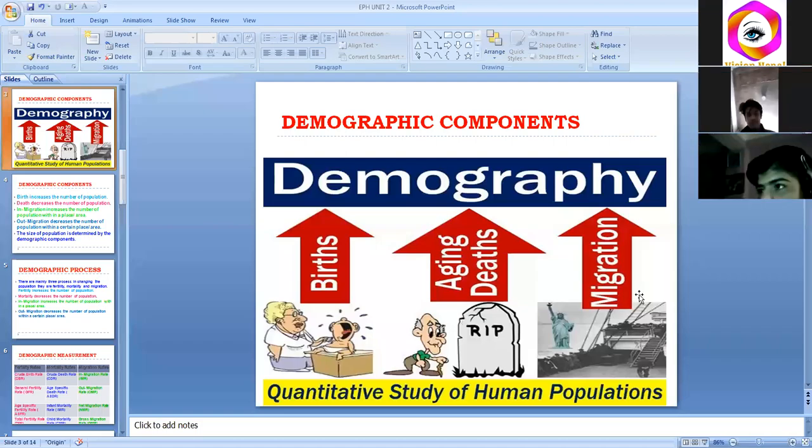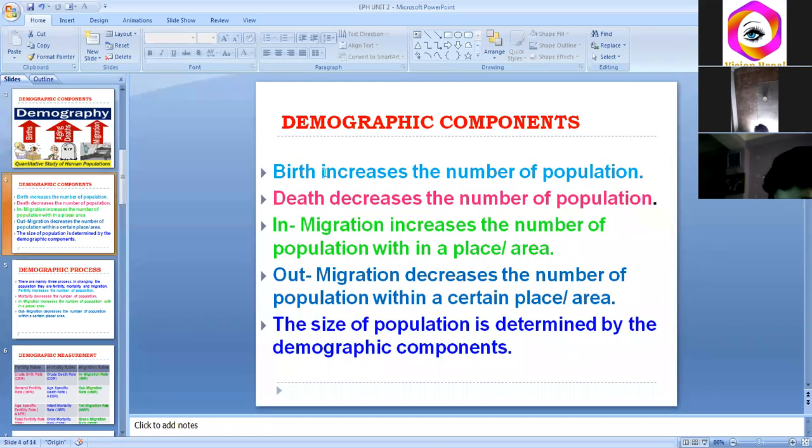Okay. So yesterday we had discussed the demographic components: birth, death, and migration, right? Birth, as we know, increases the number of population.